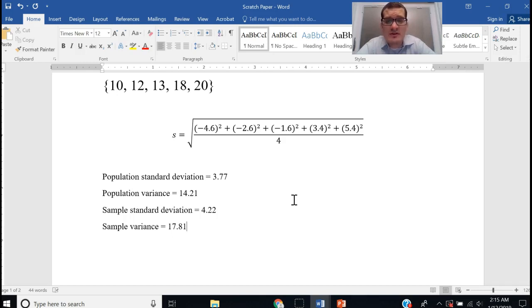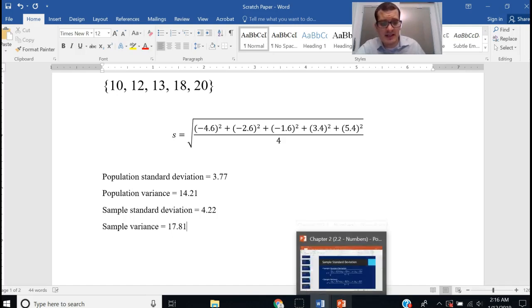The technical term we use for that is you're getting rid of 1 degree of freedom. Okay, so because there's an estimate in the formula, we get rid of 1 degree of freedom, and that gives ourselves a little bit of wiggle room when we talk about trying to project from a sample onto a population. Okay, so that's the main idea.